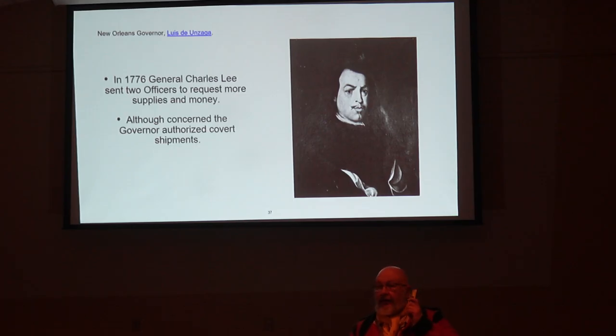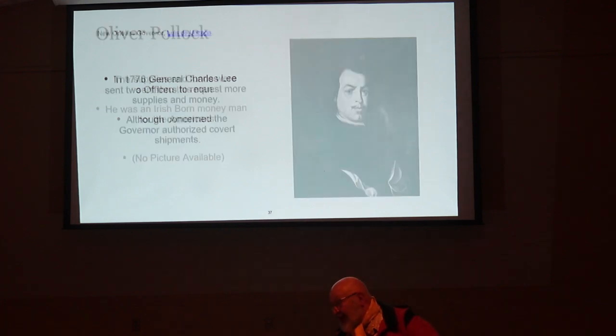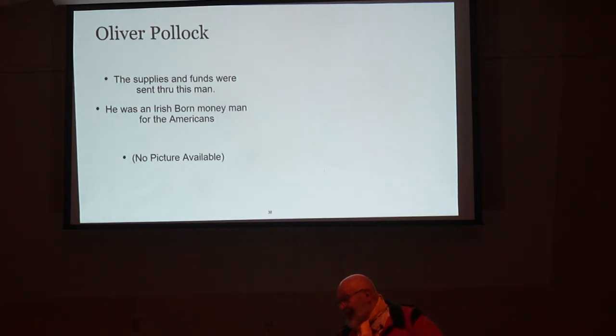Problem is, Florida is a British possession, not a Spanish possession. This is kind of the gray man of this, a guy named Oliver Pollock. I don't know if you know much more about him. I didn't find him. He was an American financier who was tied in with the Spanish and did some work in New Orleans, and he was getting supplies and funds sent through them. He was Irish born and was representing the American cause.